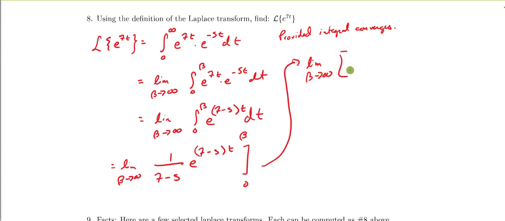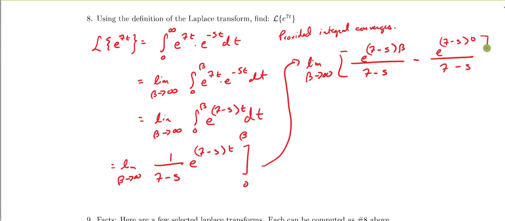And if we do so, we get e to the (7 minus s) beta all over 7 minus s, minus, from how we compute by the fundamental theorem, e to the (7 minus s) times 0 all over 7 minus s.